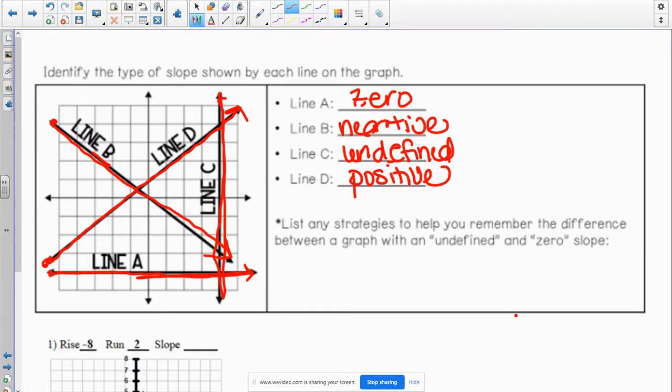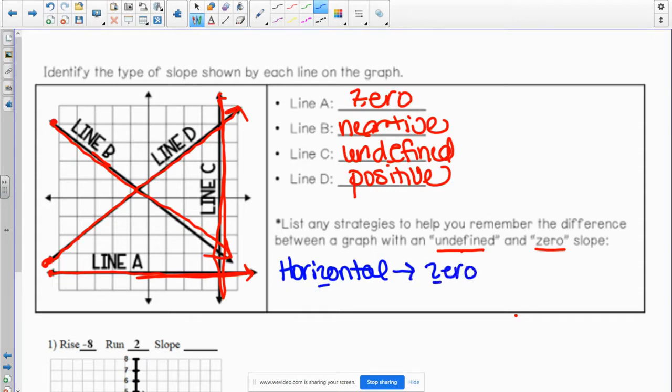So your next question is list any strategies that help you remember the difference between a graph of an undefined and a 0. Remember, undefined is vertical, 0 is your horizontal. One thing I've seen students remember is horizontal has a Z in it, and that is a 0 slope.